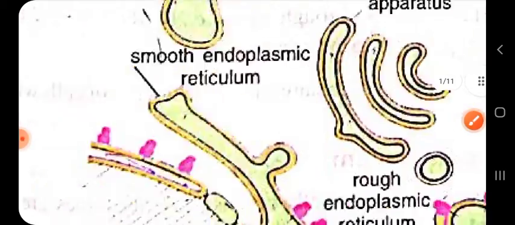So if I say this is your cytoplasmic phase, the membrane facing towards the cytoplasm, it is the cytoplasmic phase, whereas the black one that you can see here is the luminal phase.